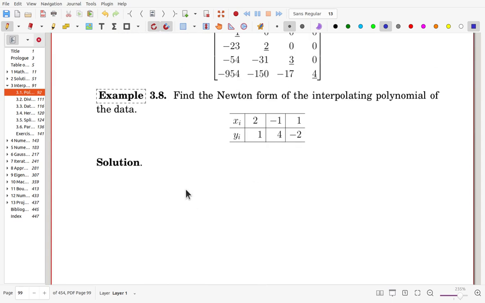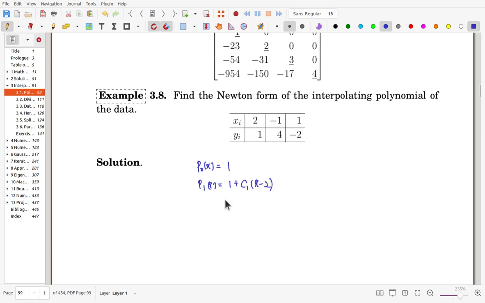Now, let's try to find the Newton form of the interpolating polynomial of this given data. Okay, here there's x0, x1, x2. So we start with P0. P0 of x is C0, which is now the value 1, right? Now, P1 of x is the same as P0 of x plus C1 times x minus x0, x minus 2.